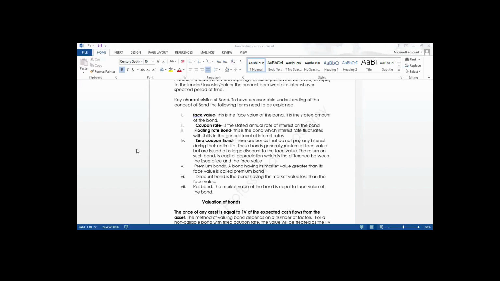Now, what are these cash flows? What are the expected future cash flows? There are two. One is annual interest from year one to maturity. The annual interest on that bond.